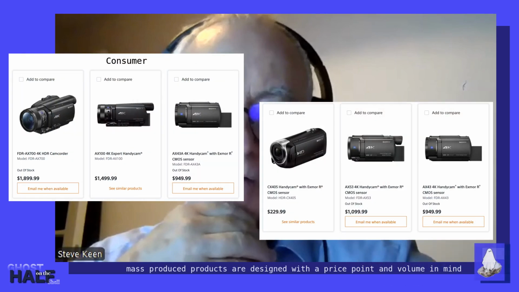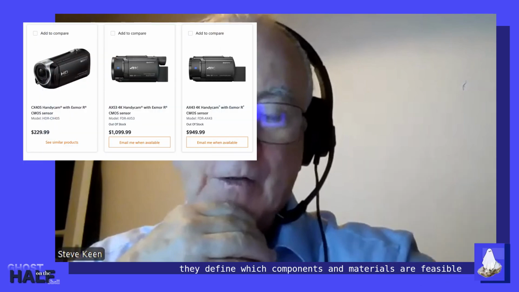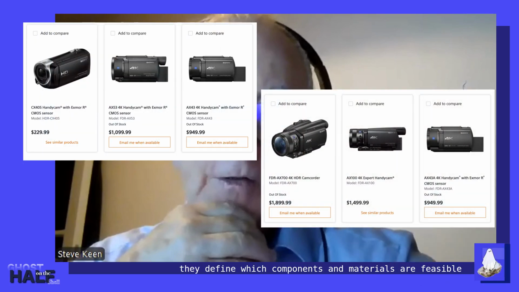Economies of scale. Because in order to efficiently, reasonably, realistically calculate economies of scale, you need to start with a volume and a price point first. Because with a volume and a price point, you can directly calculate what your manufacturing price point has to be in order to be profitable.